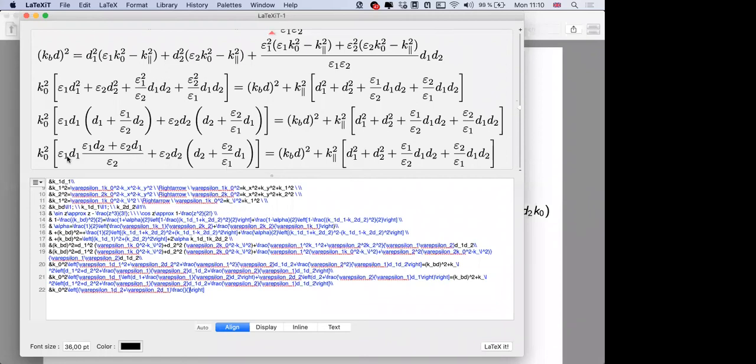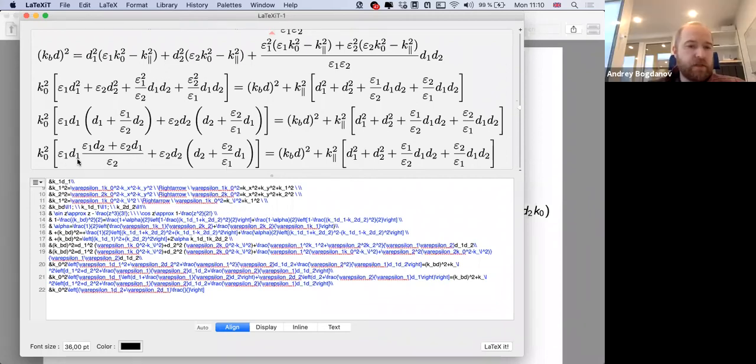Okay, and let me do this. What will I have in this case? This is a common factor, epsilon 1 d2.